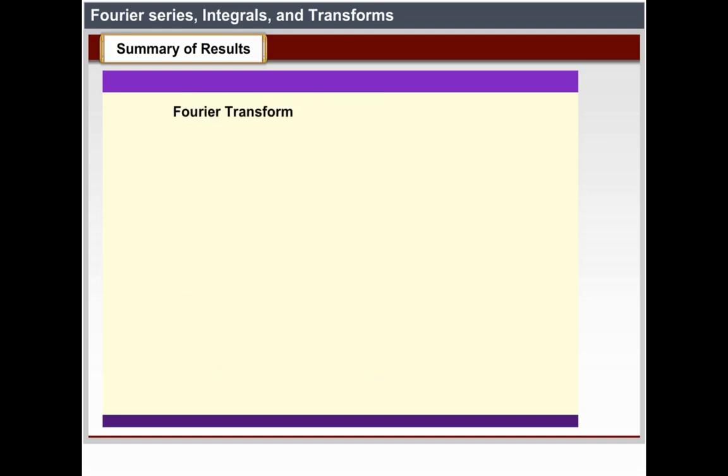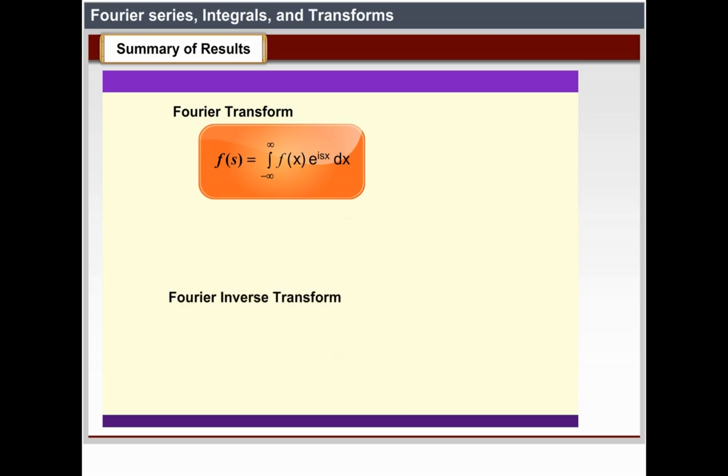Fourier transform: capital F of s equal to integral minus infinity to plus infinity f of x into e power isx into dx. Fourier inverse transform: f of x equal to 1 by 2 pi integral minus infinity to plus infinity capital F of s into e power minus isx into ds.